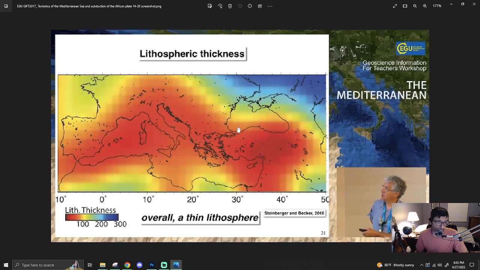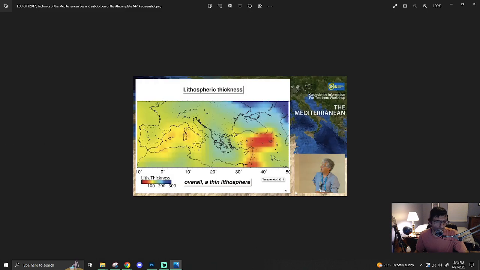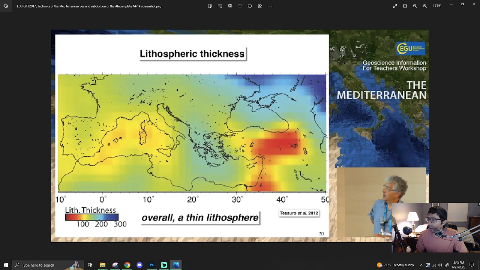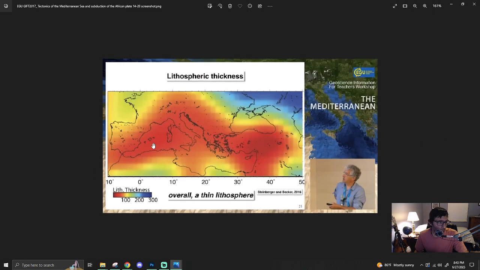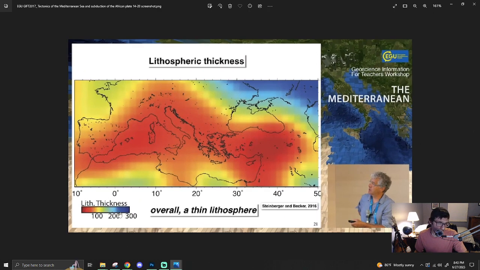Another map of it. I think this is someone else's calculations. These are two different calculations. Same scale, two different calculations. Generally showing deeper red over here, so it's definitely thinner there, still thicker there, still just overall thinner.